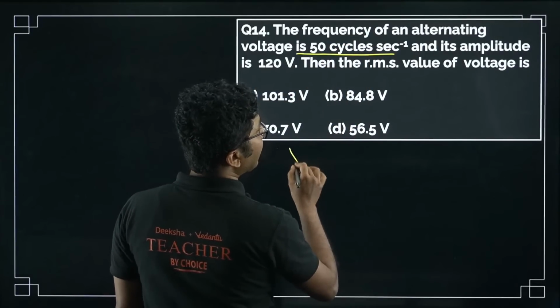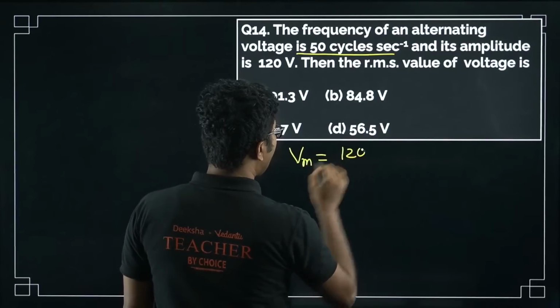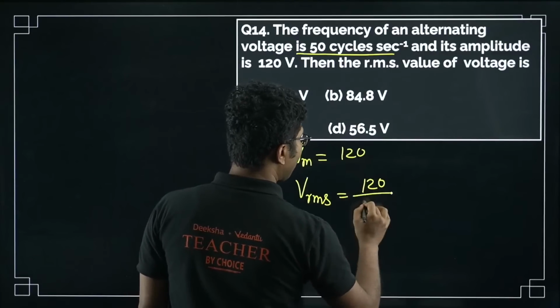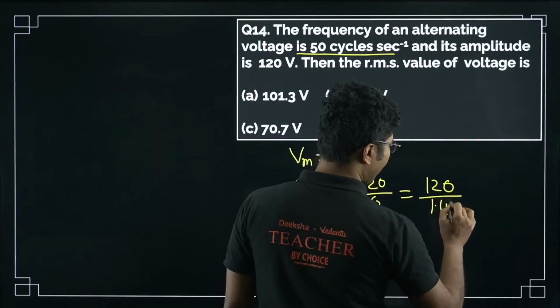So peak value is given by 120 and RMS will be 120 divided by root 2, that is 120 divided by 1.41.